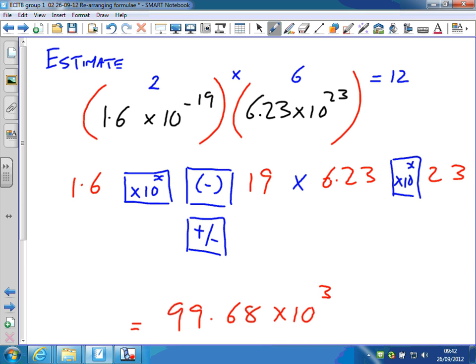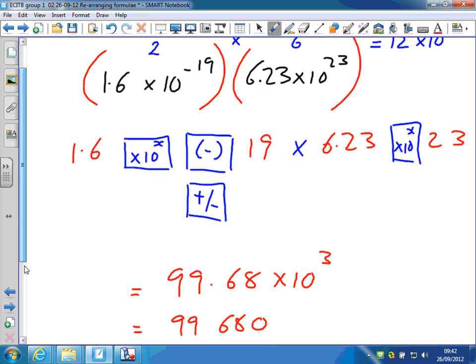When you multiply numbers together, you add the powers. Minus 19 plus 23 is 4. So I'm going to expect roughly 12 times 10 to the 4. 120,000 maybe.